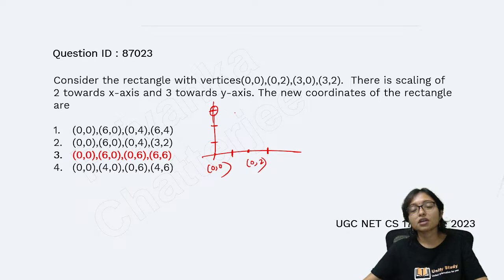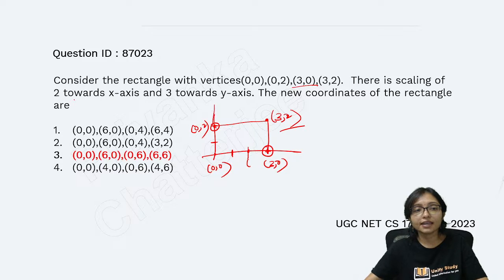Sorry, I made a mistake here. Your 0, 0 and 0, 2. This is the 0, 2 position. 3, 0: 1, 2, 3. This is the 3, 0 position and this is the 3, 2 position.